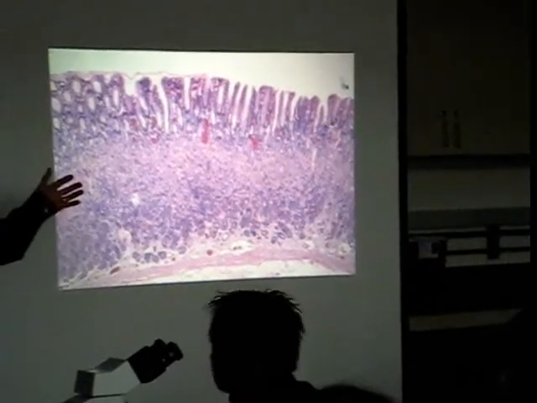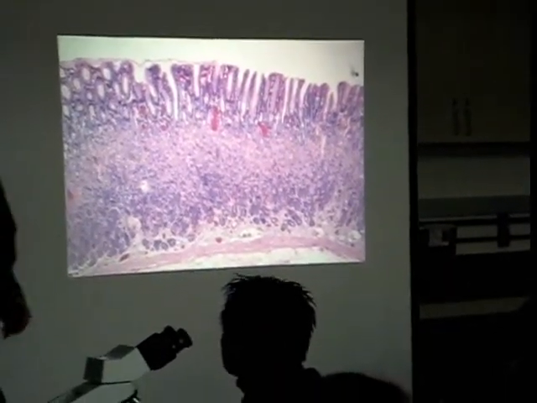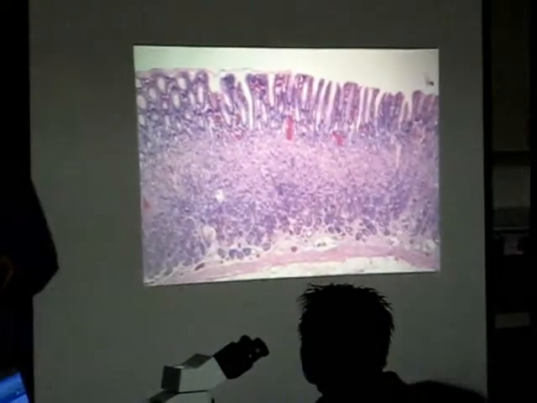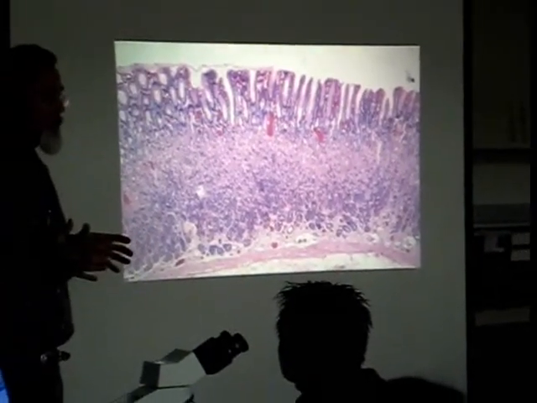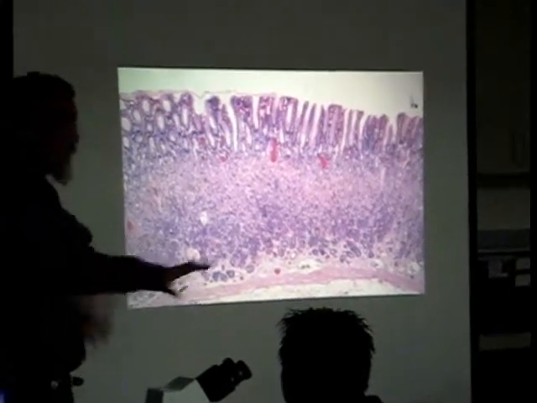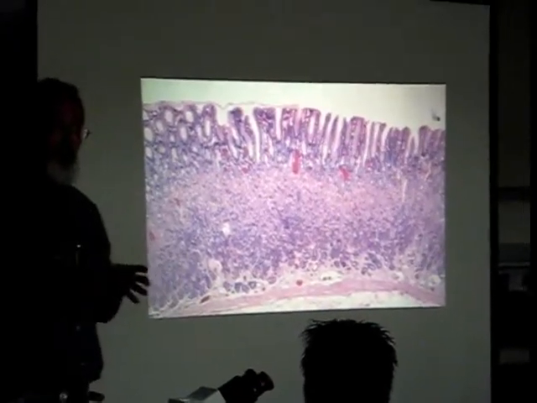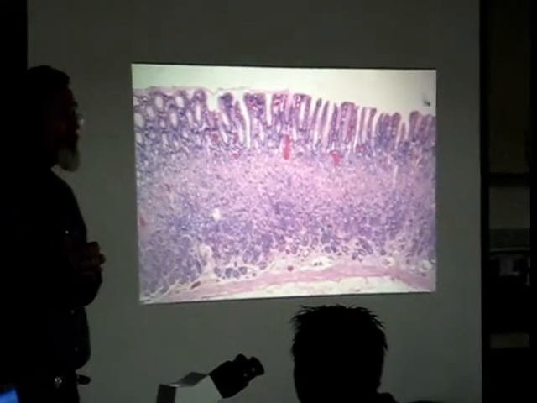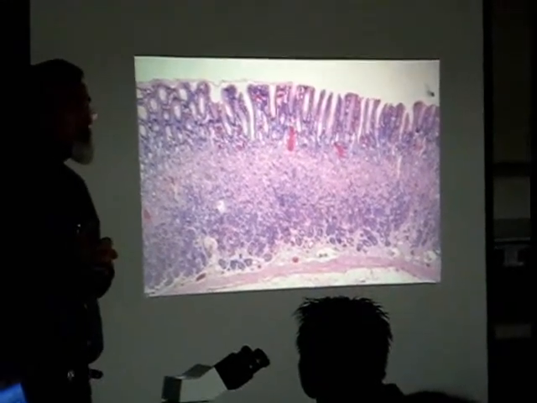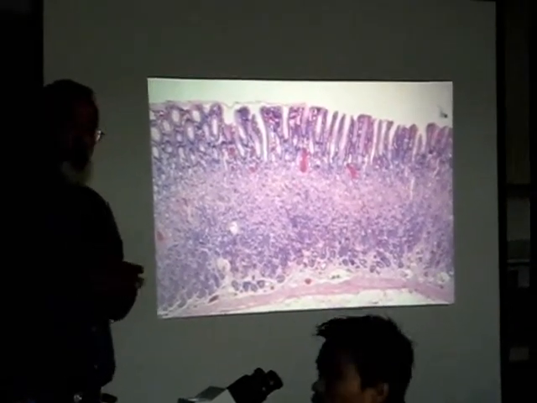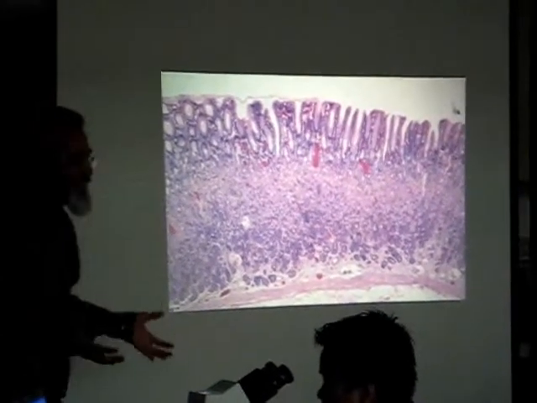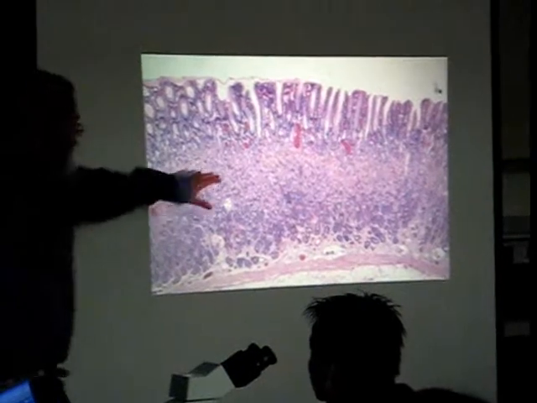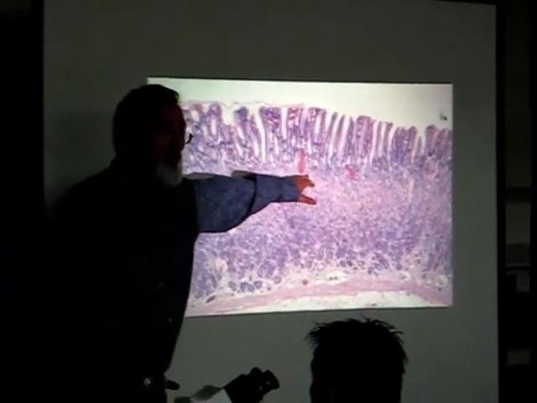They're vessels, packed full of red blood cells. And it's nice because when you see that, you know what tissue the blood vessels are in. In the gastric mucosa, what tissue do you find blood vessels? Do you find blood vessels in epithelial tissue? No. So what are they in? Exactly. This would be the space of the lamina propria.